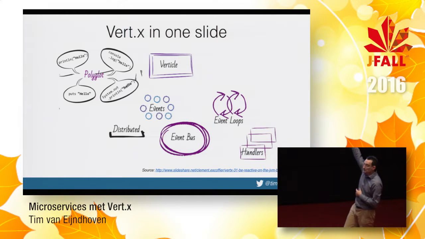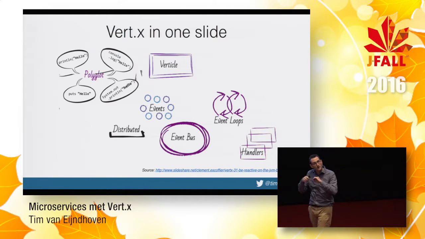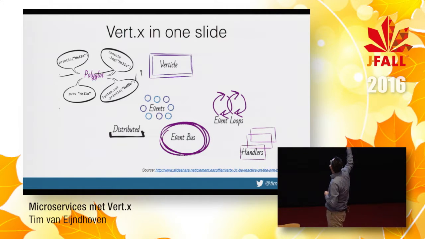Then you have the events, which are processed by the event loops and can be distributed over the distributed event bus. And then you have the handlers, which do the handling of these events that are going across the bus. So Vert.x in one slide.